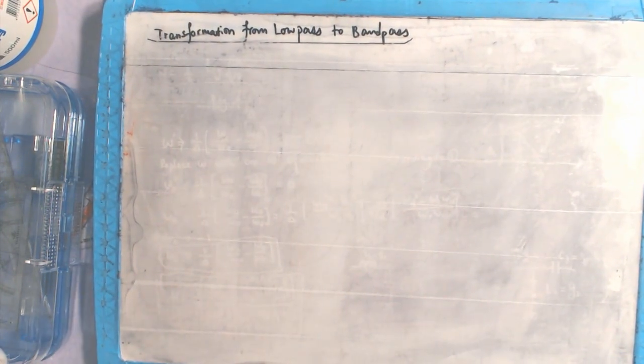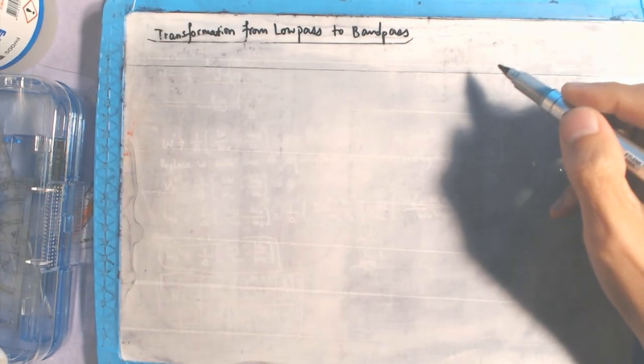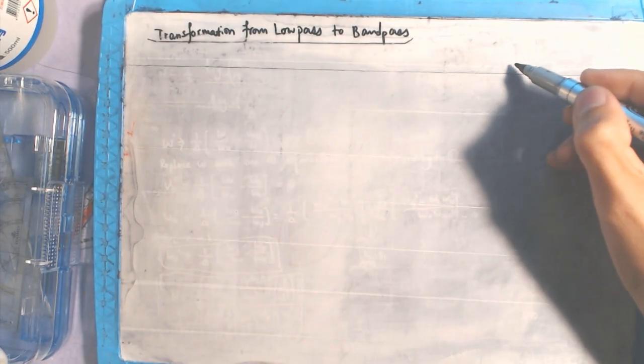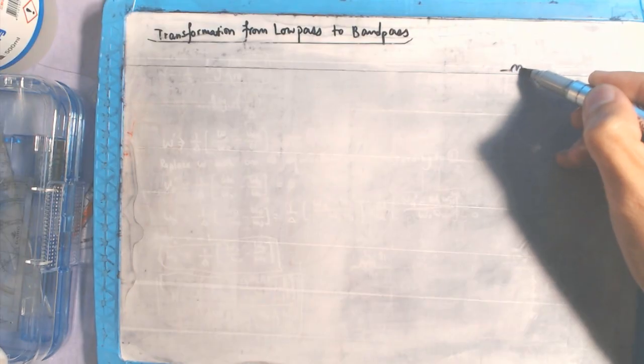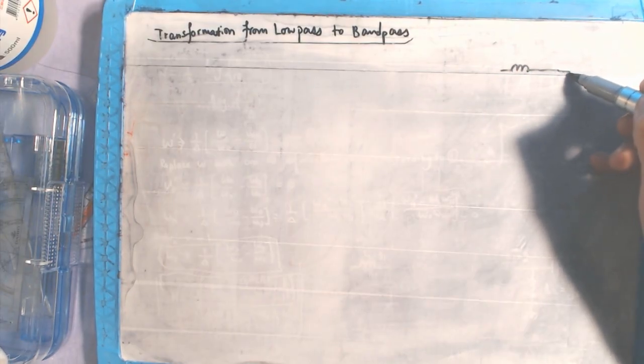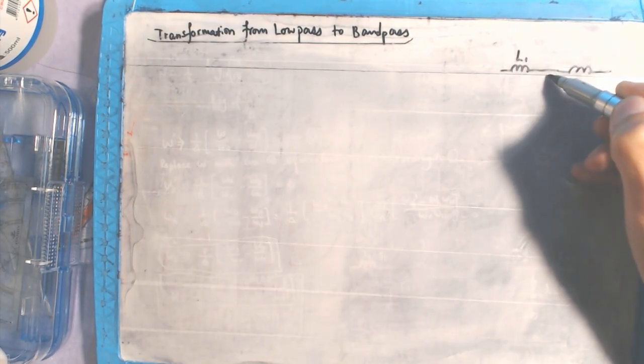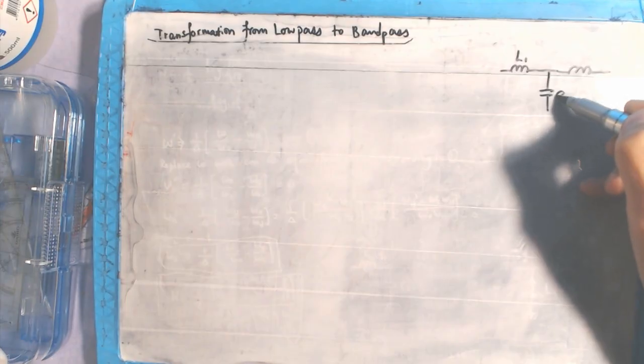Now, suppose you have a low pass backbone derived from the prototype table. For example, this is the one. So you have L1 here, C2 here, and L3 here.